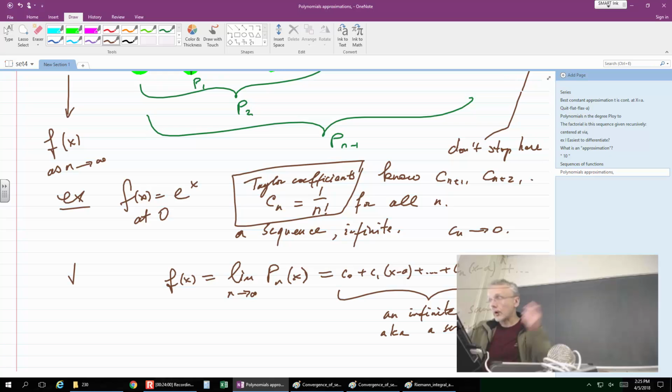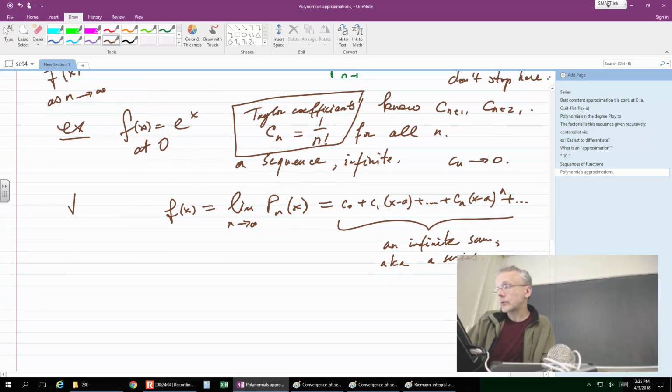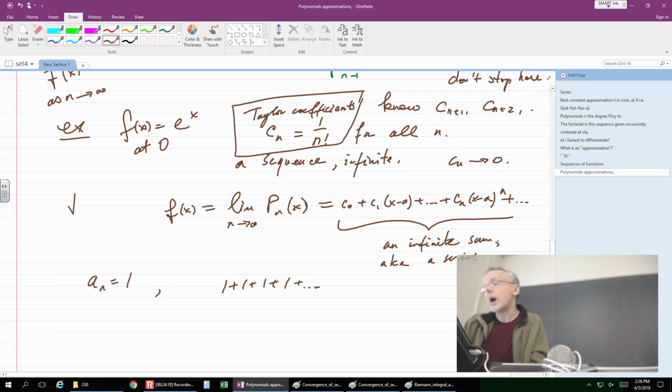As an example, here's one sequence: an is equal to 1. Then the series that I could build is 1 plus 1 plus 1 plus 1, and so on, which means that this process doesn't end anywhere. It is infinite.